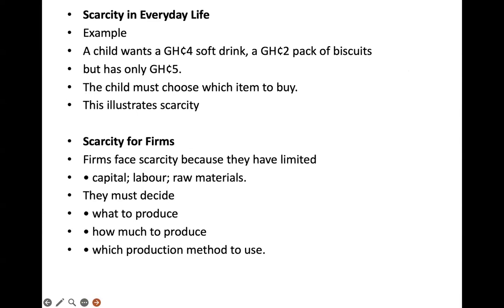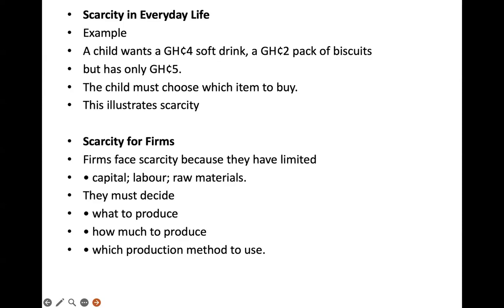So let's consider this example. A child wants a 4 cedis soft drink and a 2 cedis pack of biscuits, but he has only 5 cedis.